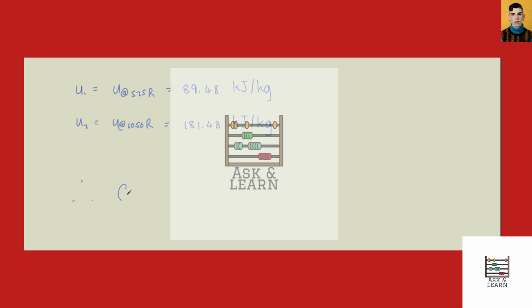So if we go back to our energy balance equation, we can find the heat transfer, Q in, and this is the mass of air, 10 pounds, times 181.48 minus 89.48, the change in internal energy per unit mass. Actually, not kilojoules per kg. We're not working in SI units.